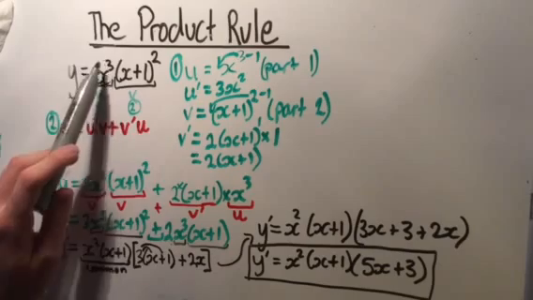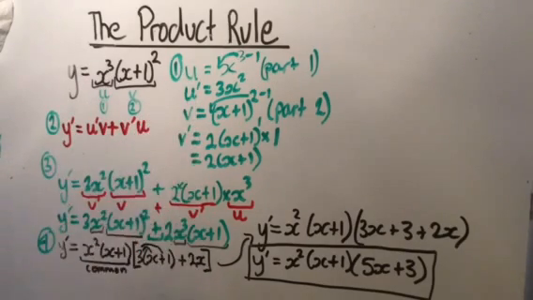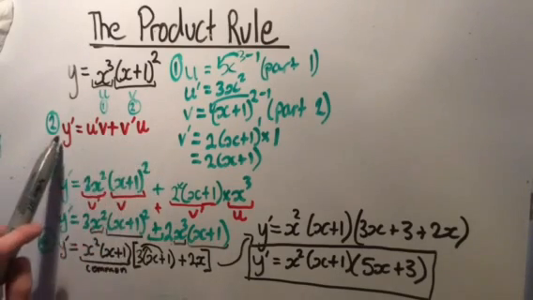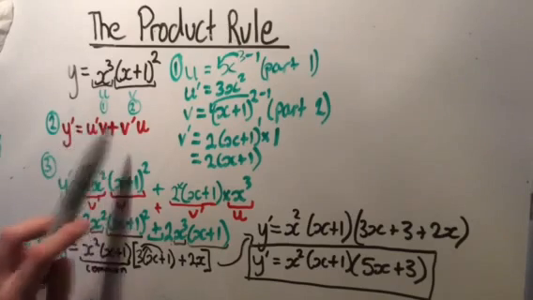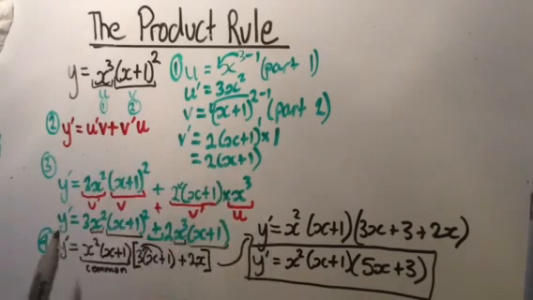We differentiate each part separately, and we write them over here, splitting them up into u and v. Once we do that, we write down our equation, and this is the rule: y dash equals u dash v plus v dash u. Dash means the derivative of, and then we insert all the information into the formula and make sure we take out all the common factors and simplify these brackets before we have our final answer.